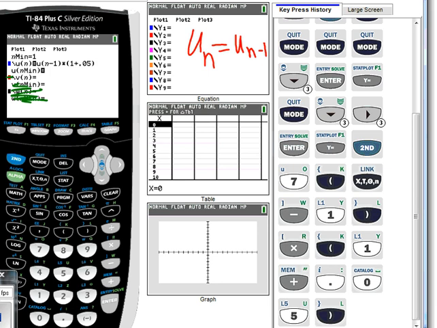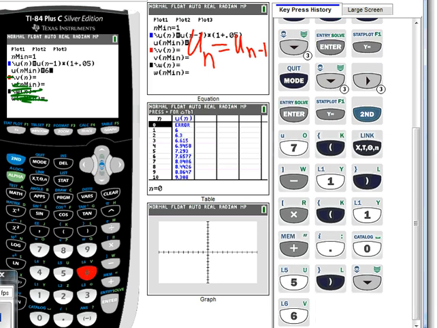So that's what our last line is here. We just plug in 6 for our starting value. So n minimum is equal to 1, and that's effectively saying U sub 1 is equal to 6. Then we've got U sub n is equal to U sub n minus 1 times 1 plus 0.05.